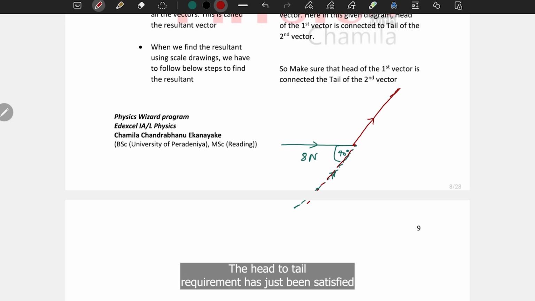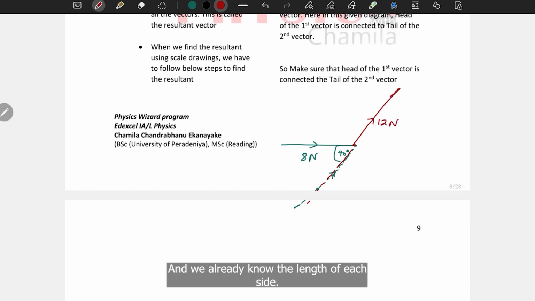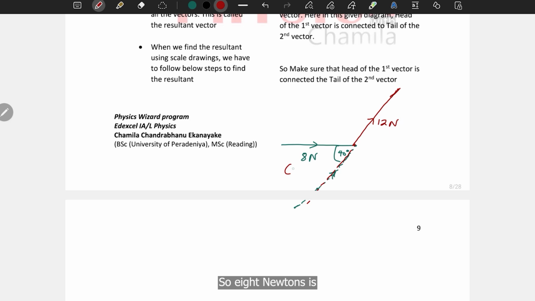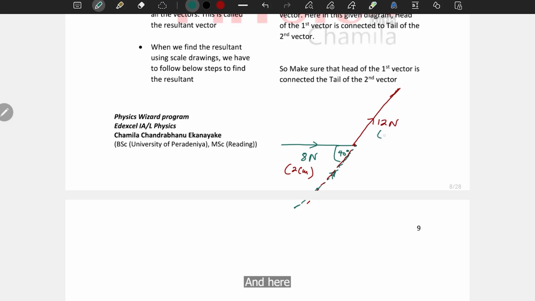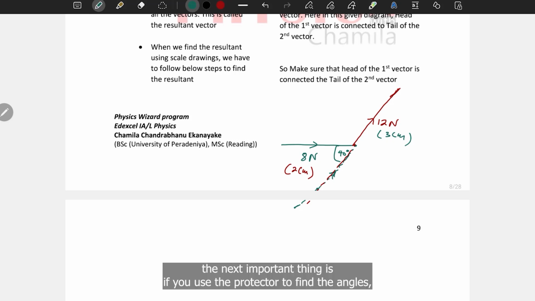The head-to-tail requirement has just been satisfied, and we already know the lengths of each side. So 8 Newtons is simply 2 centimeters to represent this length, and here 3 centimeters, as we already clarified.